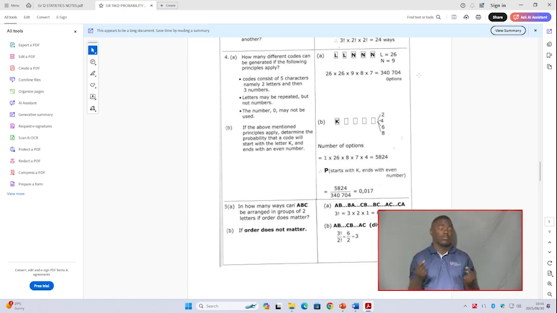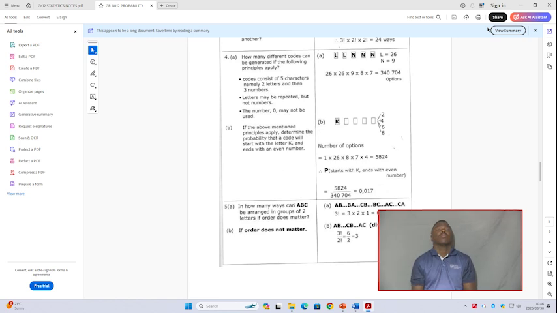If I take away the number 0, then I'm left with 1 to 9. So there's 9 numbers that I can place in the first position. And numbers cannot be repeated. So any 8 numbers can take the second position. And then 7 numbers can take the third position. So the total number of options is 340,704. Right, is that clear?